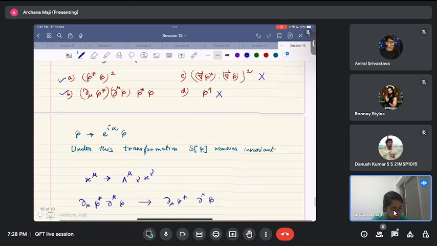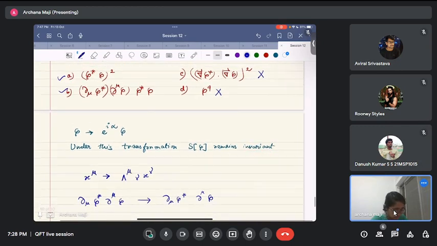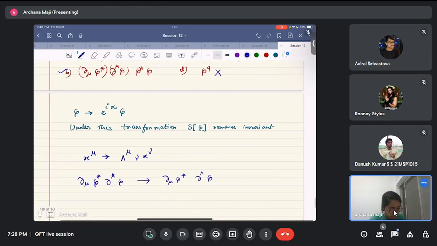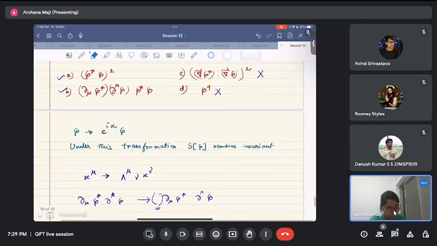Maybe what you can do is try to see under Lorentz transformation how that term will transform. You will see that it will not transform like this. You will not have a constant term, but some non-trivial lambda matrices will be there in your transformed term. After the transformation, there will be lambda hanging over.